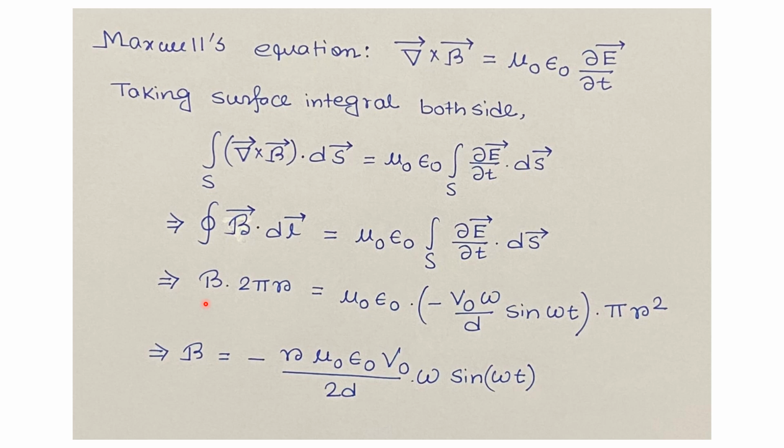So from this we can find the associated magnetic field, that is B equals minus r times mu naught times epsilon naught times V naught divided by 2d times omega times sin omega t. So this is the expression for the time varying magnetic field associated with the time varying electric field between the capacitor plate.